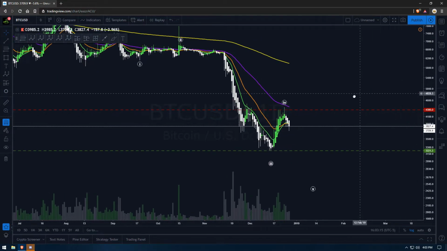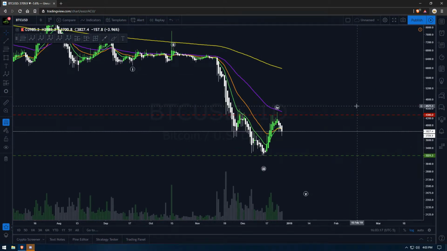Wave 4, like I said, is related to wave 3 by the following. It's either 23.6% of wave 3, 38.2% of wave 3, or 50% of wave 3, given those Fibonacci levels.